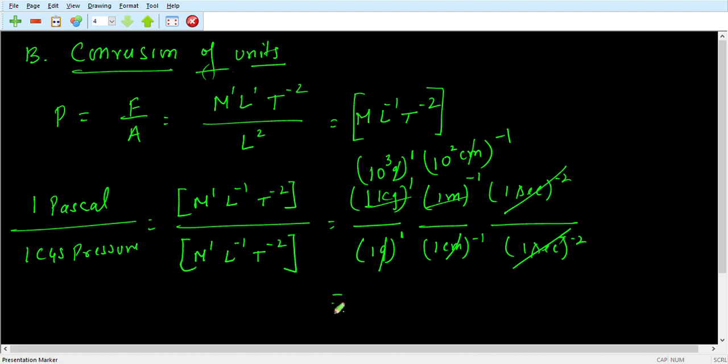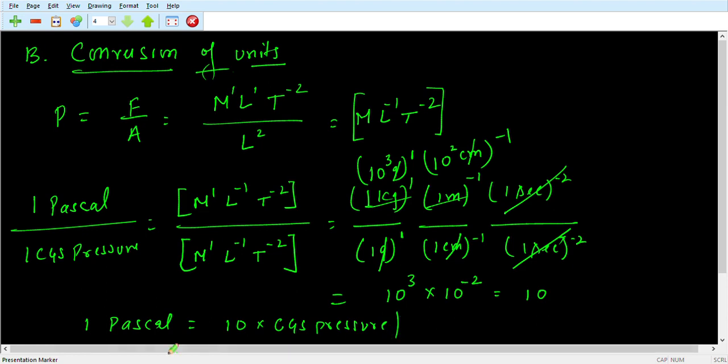We will have only the numerical value, which will be 10 to the power 3 into 10 to the power minus 2, so it will be equal to 10. So with this expression we can say that 1 Pascal is equal to 10 times CGS pressure.